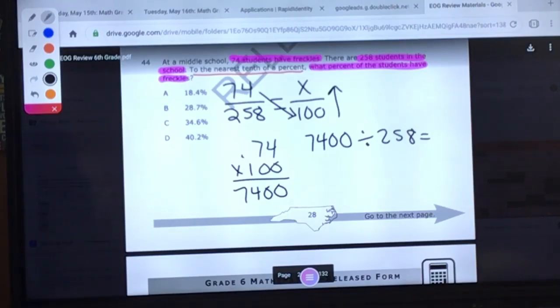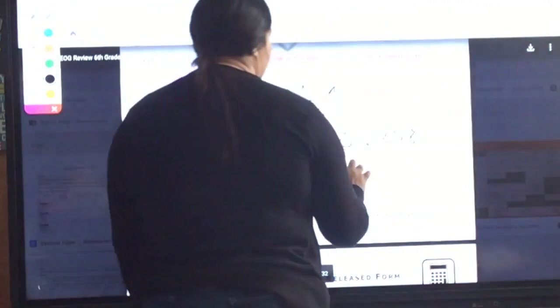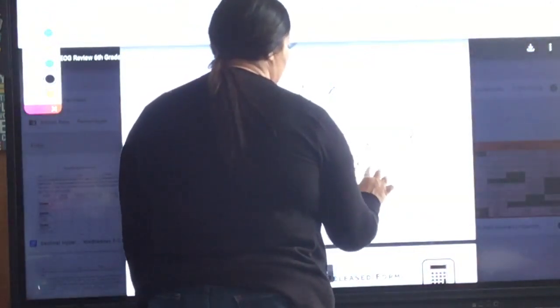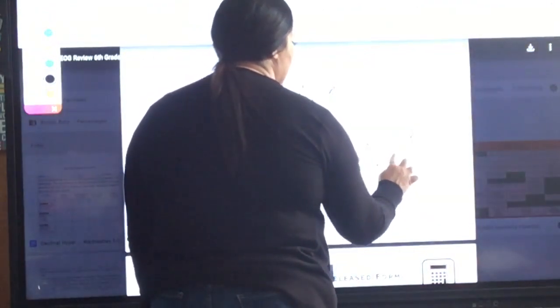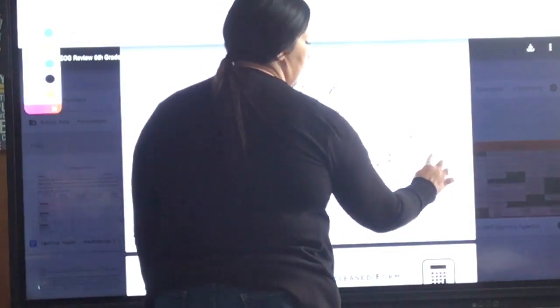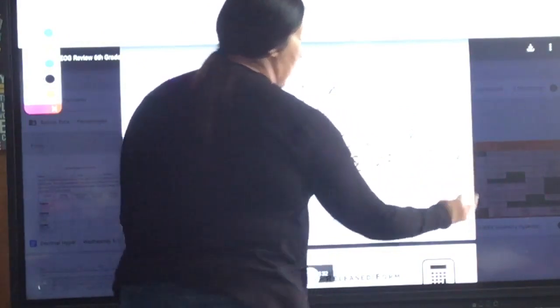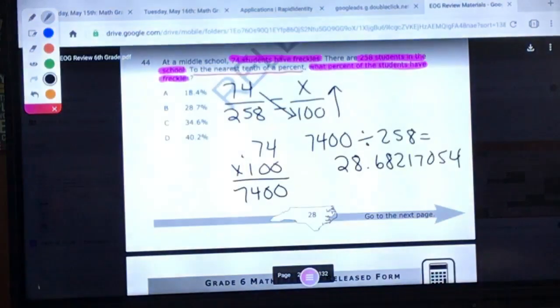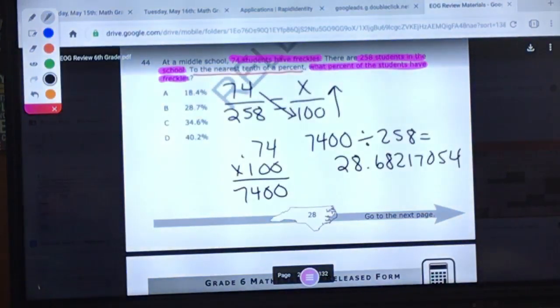Just tell me the numbers. 28.67054. Alright, that's a whole lot of decimals, right? I might be off a few numbers, but, how many do we actually need to solve? Zoe, what do you think?